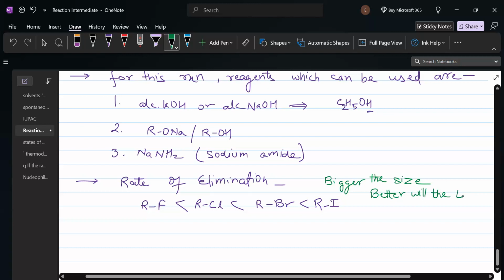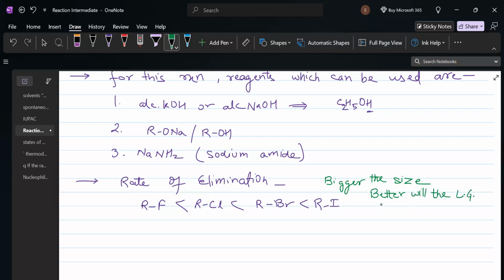Can you see these halogens are leaving groups, right, Khadija? Yes, sir. So the bigger the size, the more easily they leave the substrate. Okay, simple.